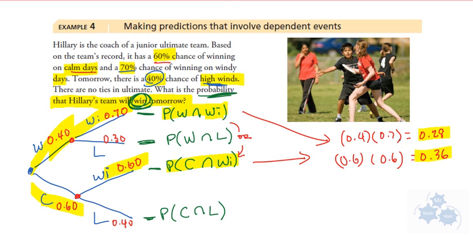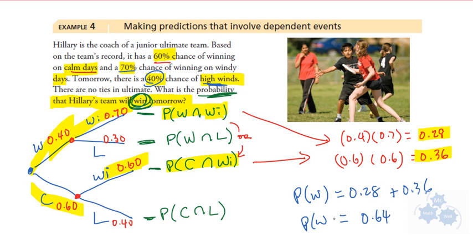So finally, the probability of a win in general is 0.28 plus 0.36. So that's 0.64. That's the probability that they will win tomorrow.